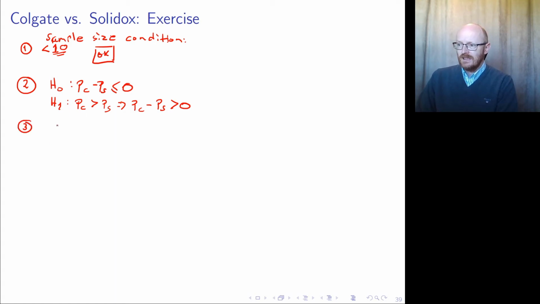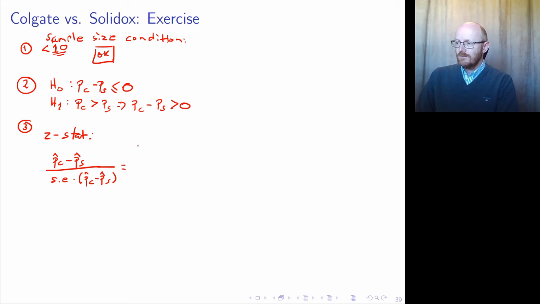The third point is to create the test statistic, the z-stat. We know that the z-stat is the sample proportion difference, that is, the sample proportion of Colgate minus the sample proportion of Solidux, divided by the standard error of this difference, P Colgate hat minus P Solidux hat.